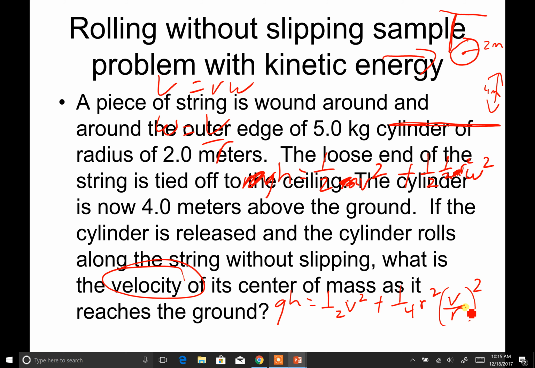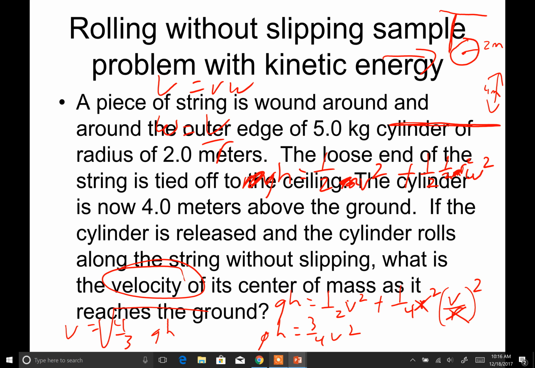So the r squareds are going to cancel out. Essentially we're going to end up with gh is equal to 1/2 v squared plus 1/4 v squared. So that's 3/4 v squared. We solve that out for v. So v is going to be equal to the square root of 4/3 gh.